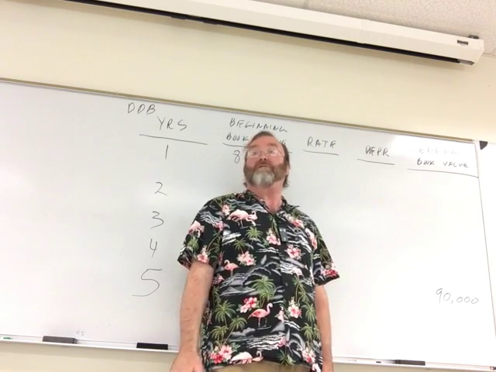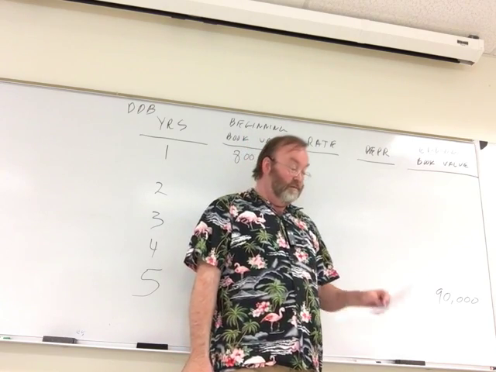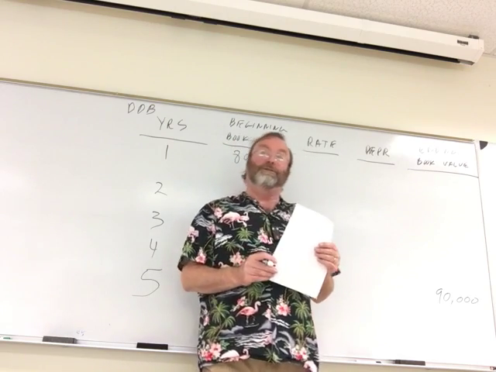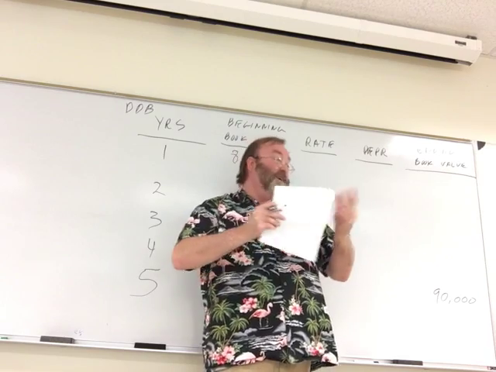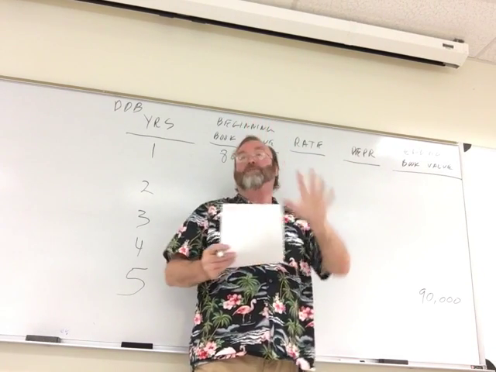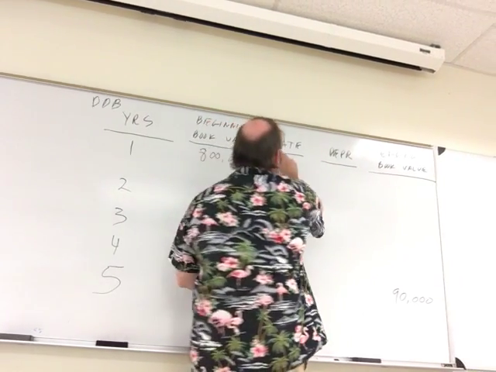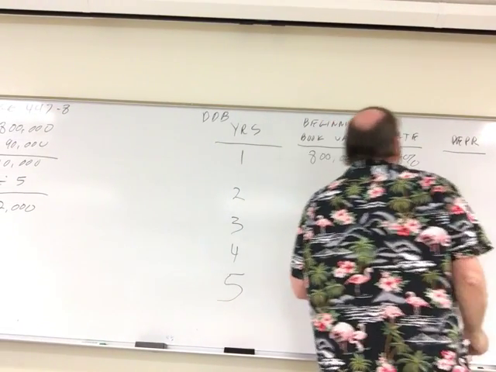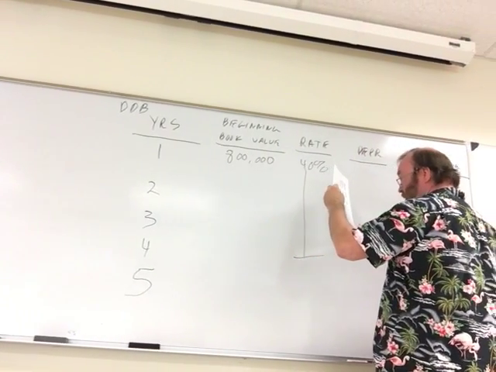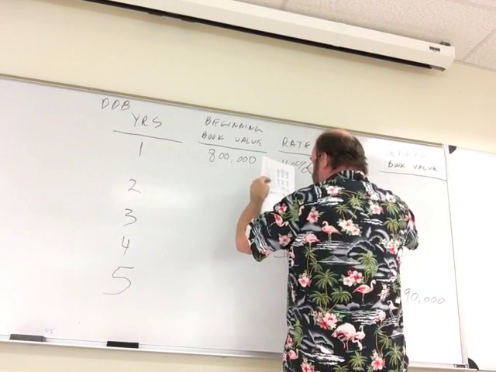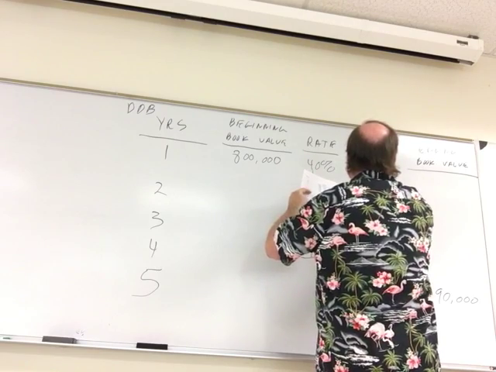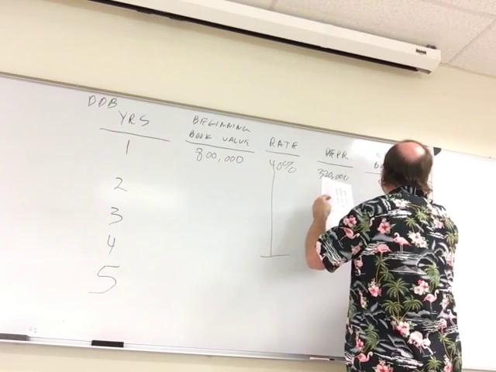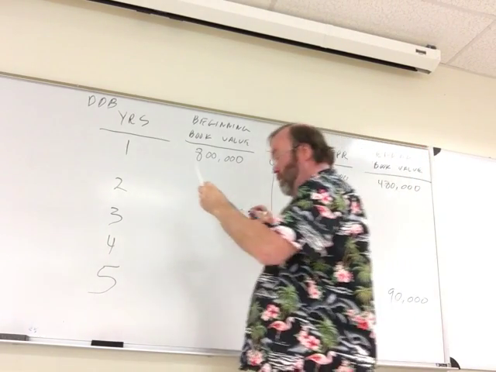What's 100% divided by 5? 20%. Double that, 40%. 40% times $800,000 is $320,000, leaving you with $480,000 as ending book value.